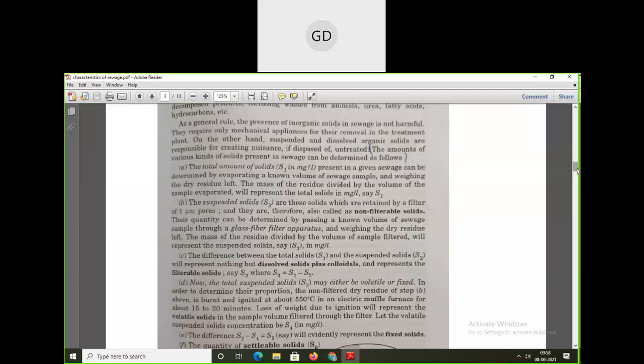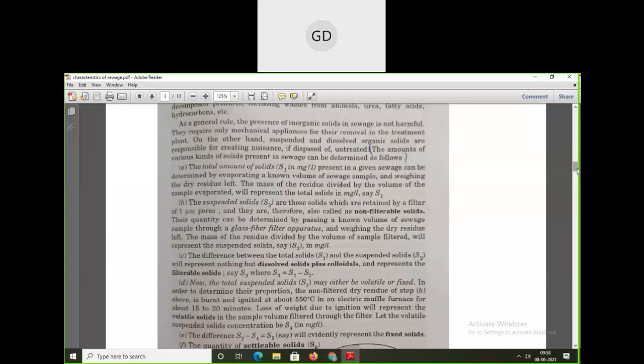For finding the total solids, let us mention it as S1, so as not to confuse it. Let S1 be the total amount of solids present in the sewage. How will you find it?